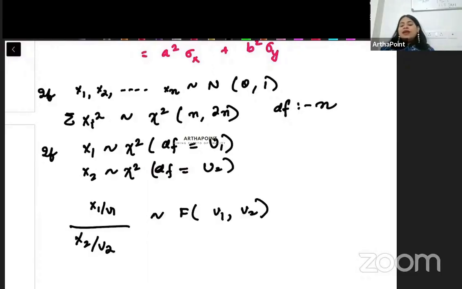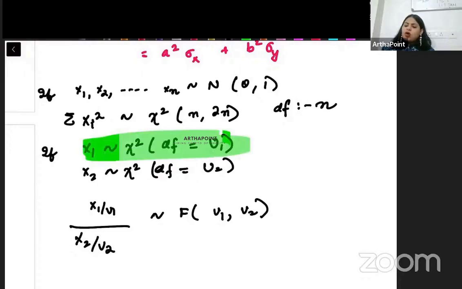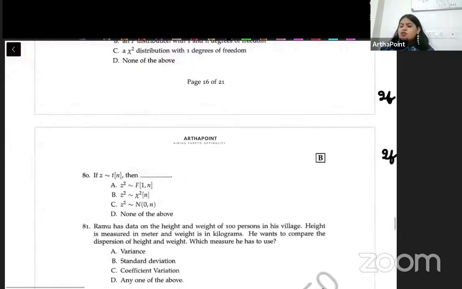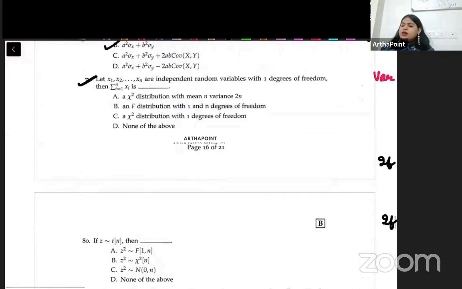Now, they did not tell us whether xi's are chi-square distributed, normally distributed, or how they are distributed. They just mentioned that they are distributed independently with 1 degree of freedom. I don't know what distribution they come from, whether it is a normal distribution or not, right?